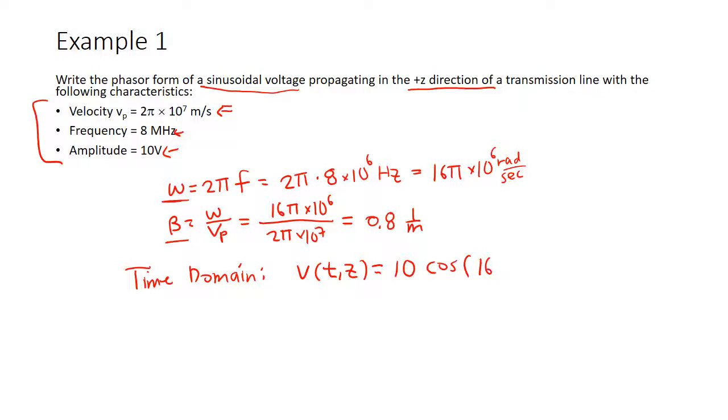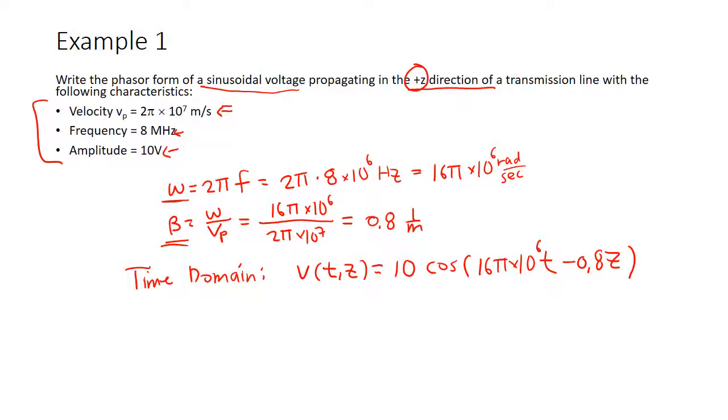Omega is 16 pi times 10 to the 6 t, minus, because we said that it was in the plus z direction, so they should have opposite signs, minus beta z. So beta we found as 0.8 times the variable z.